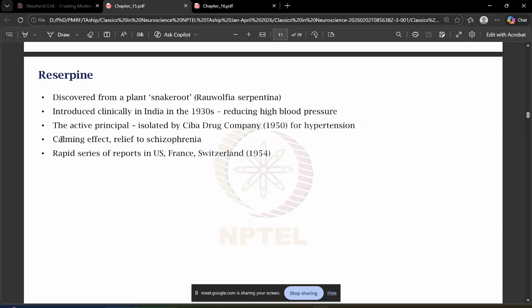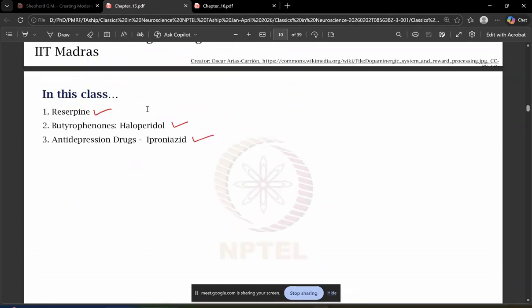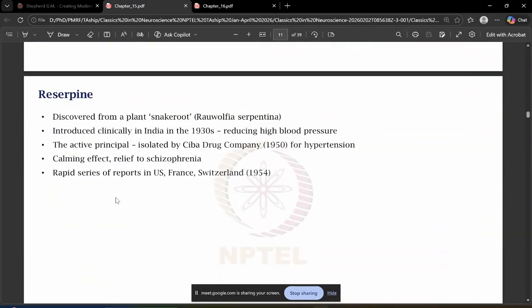So reserpine was shown to have a calming effect and act as a relief to one of the major psychoses, which was schizophrenia. And once again, similar to what happened in case of chlorpromazine, there was a rapid series of reports about reserpine in different parts of the world, such as the US, France, Switzerland, and so on, in a short period of time.